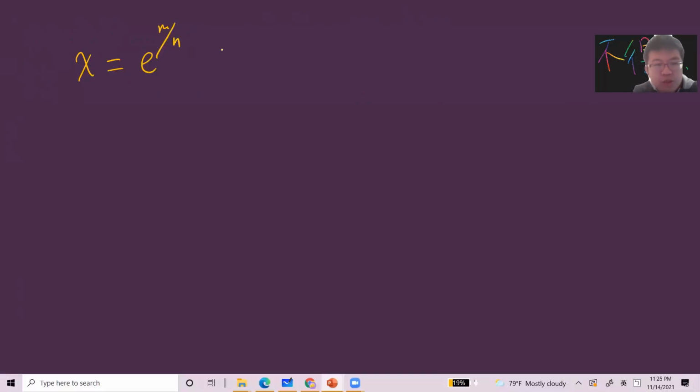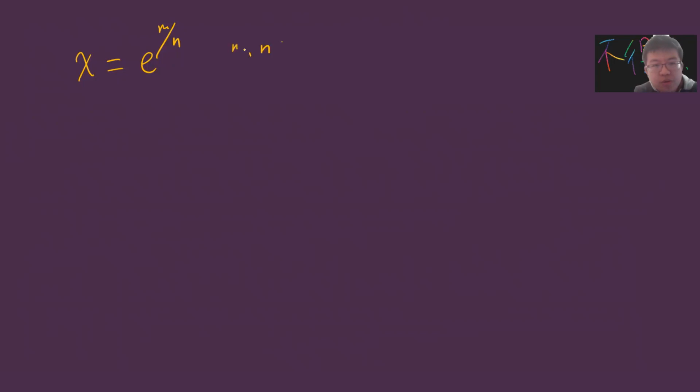So let's consider x is e. I can assume that m and n are both greater than 0. Now x to the n is e to the n. I want to prove that there is a contradiction.